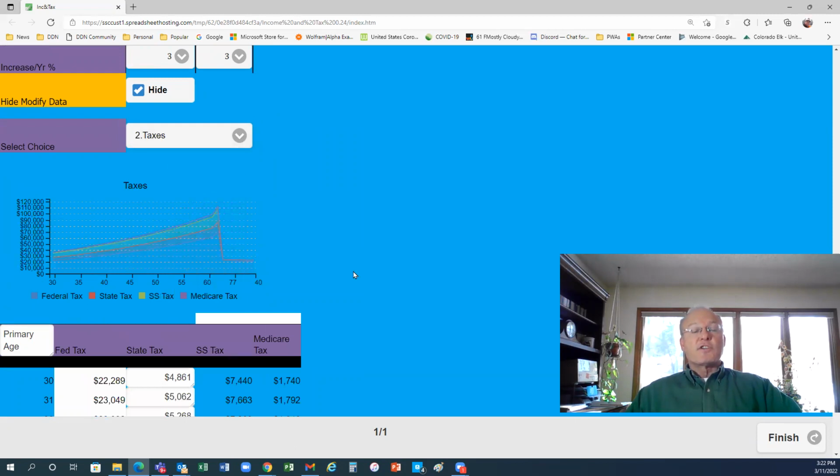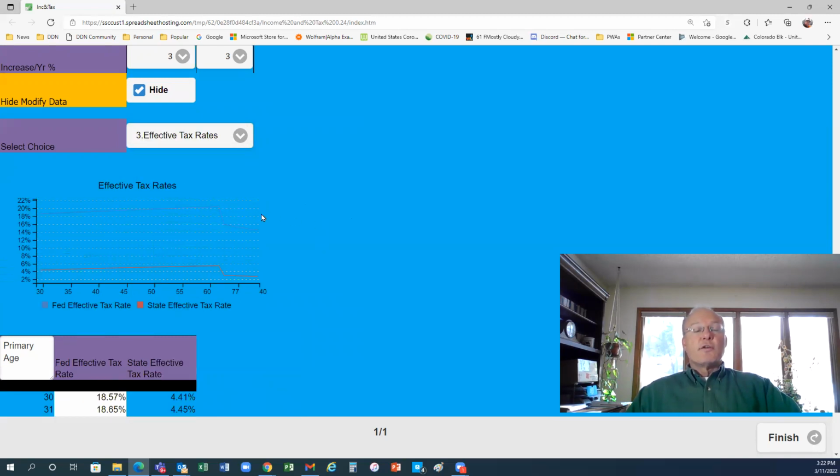Our tax summary gives us our projection of our federal income tax, state income tax, Social Security, and Medicare tax. So you can see what those grow over the years. Effective tax rates. So it gives you, if you take all of your taxes divided by all your income, that is basically your effective tax rate. So even though your marginal tax rate or your top tax rate, you may be in the 25% range, your effective tax rate is going to be much smaller because it's taken all the lower ranges as you progress up through your graduated tax.